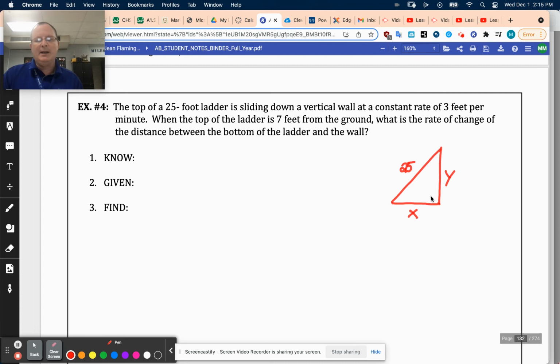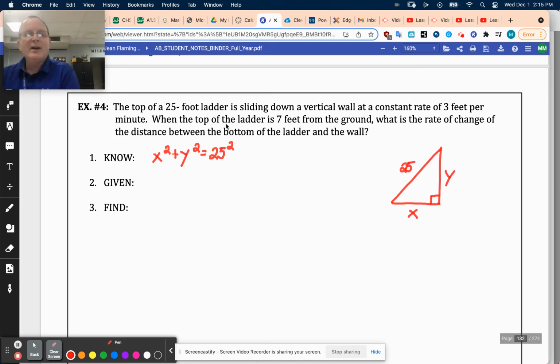That gives us the equation that we need. Assuming that we have a right angle there, then we know that x squared plus y squared is equal to 25 squared. That's the Pythagorean theorem.